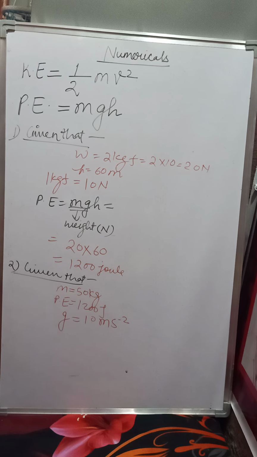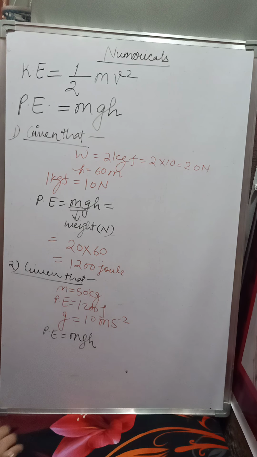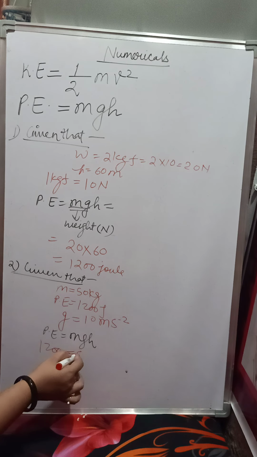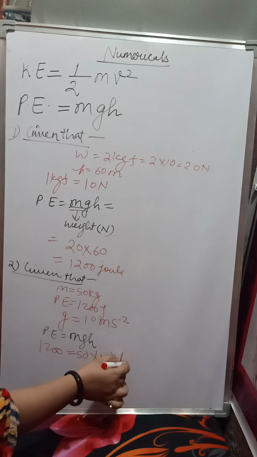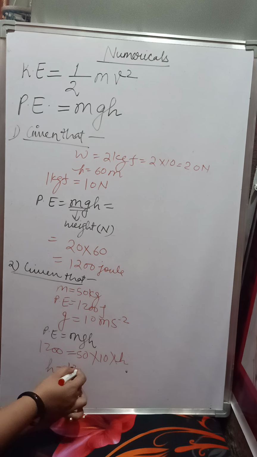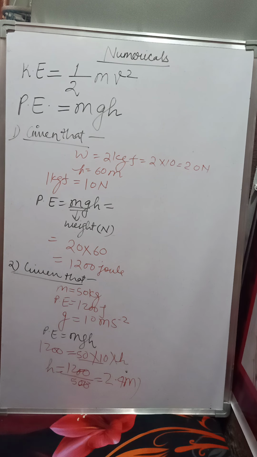As we all know, potential energy is equal to mgh. In place of potential energy 1200, in place of mass 50, g is 10. You have to get the height. Height h is equal to 1200 upon, this is 500. By simplifying, this is 2.4 meter.